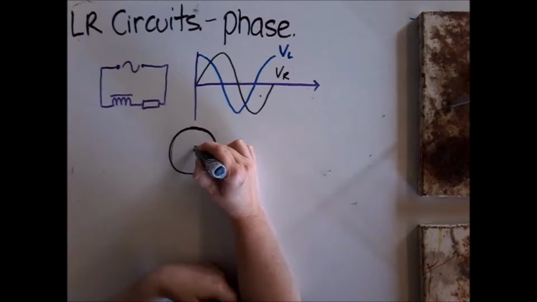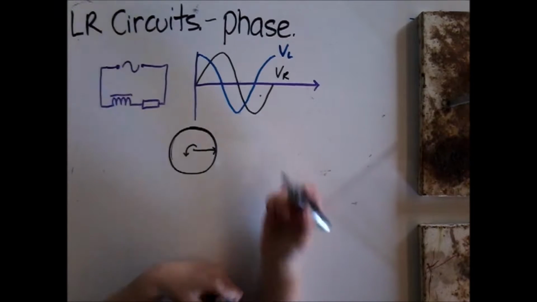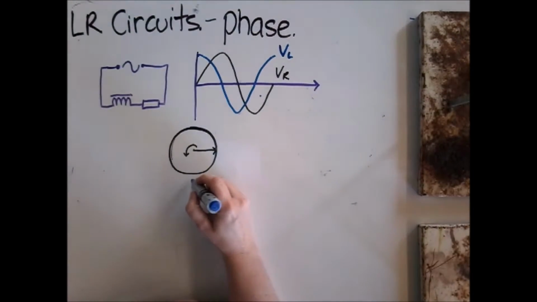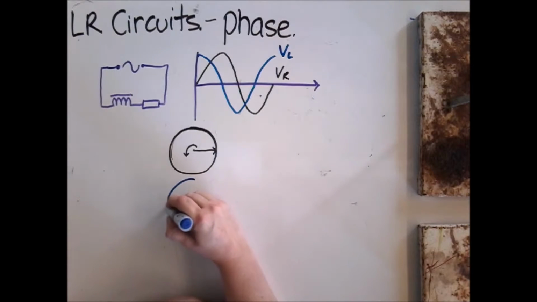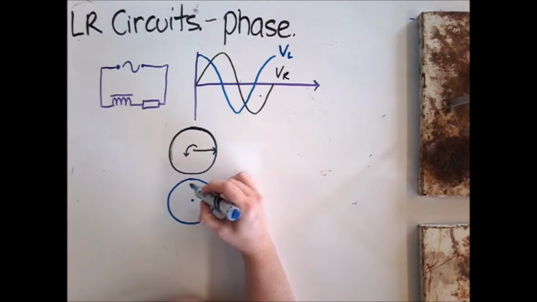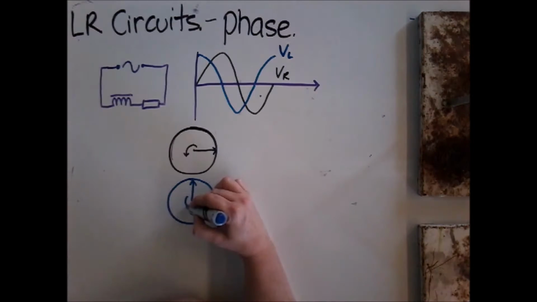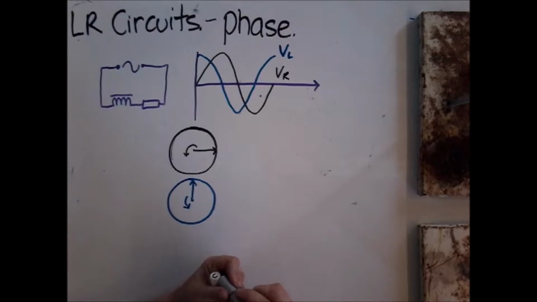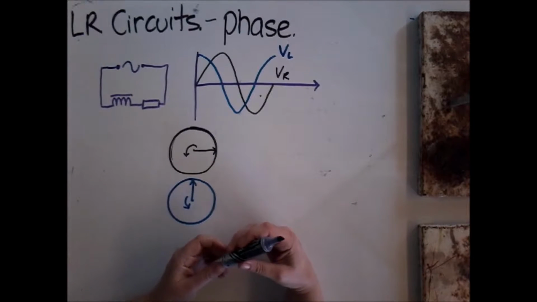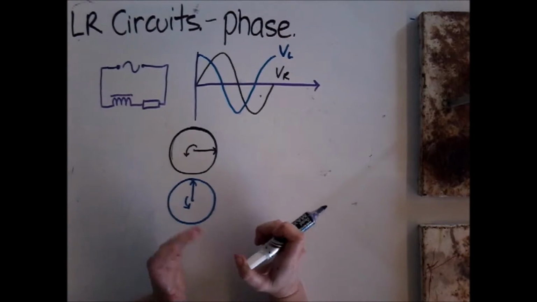There's our resistor voltage there, okay? Turning in a circle, nice and simple. And just like last time, here's our inductor phasor, and there it is at the top of its circuit. And we can combine those together to get the overall supply voltage, just like we did before.